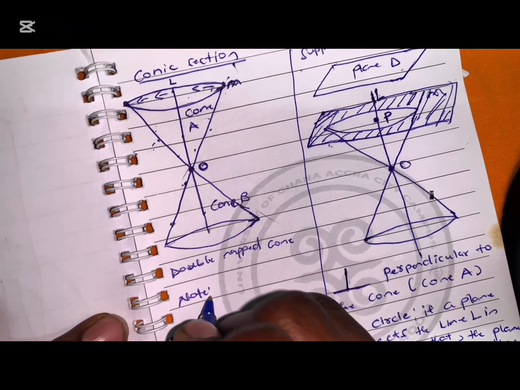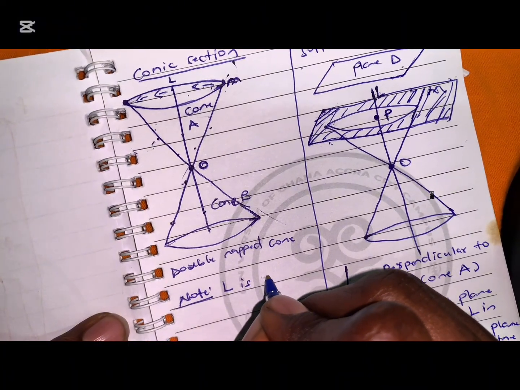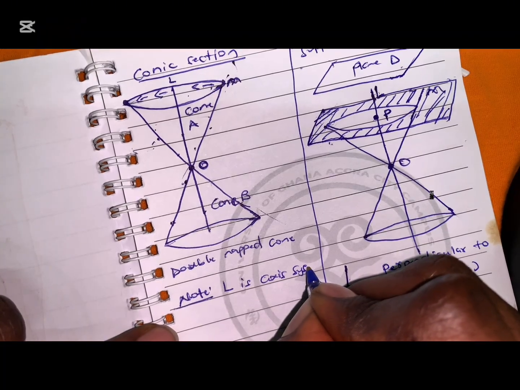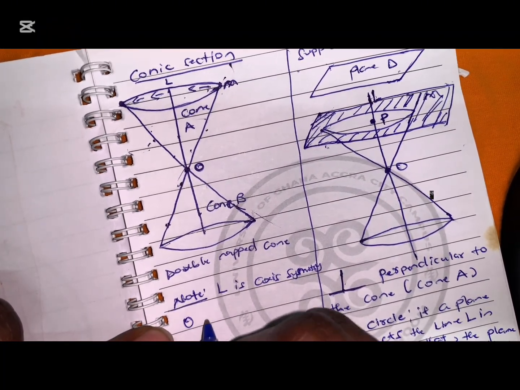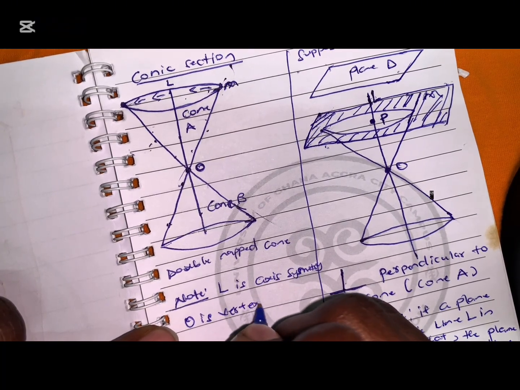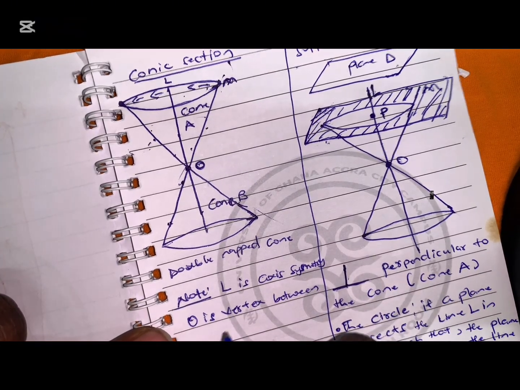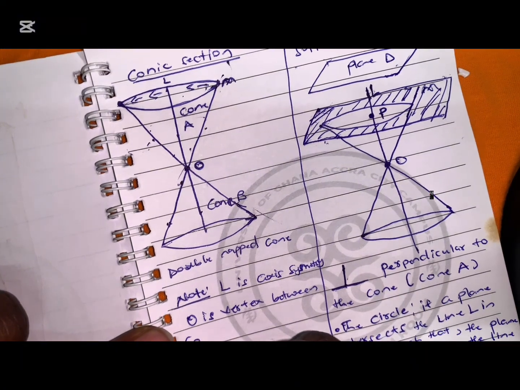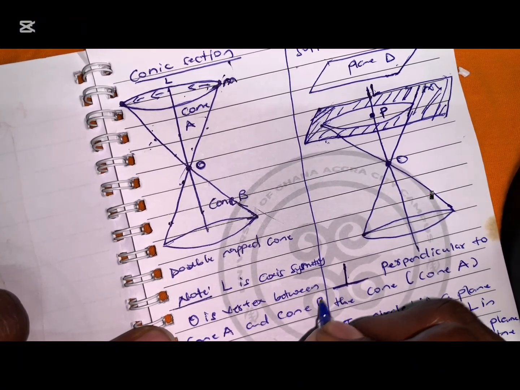Now, something you should note down. Note that line L is what we term as the axis of symmetry. Good. And O is what we term as what? The vertex between cone A and cone B. Why?